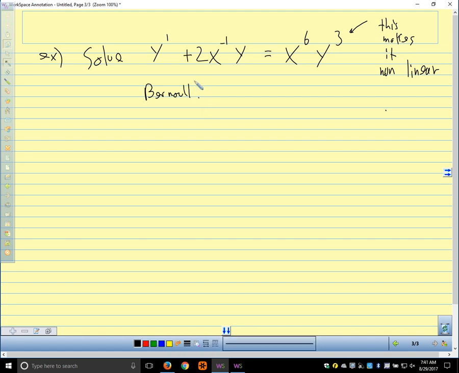Because it has a similar form to a linear differential equation with n equals 3. So that's y to the n equals y to the 3rd. So we're going to substitute z equals y to the 1 minus 3, or y to the minus 2.